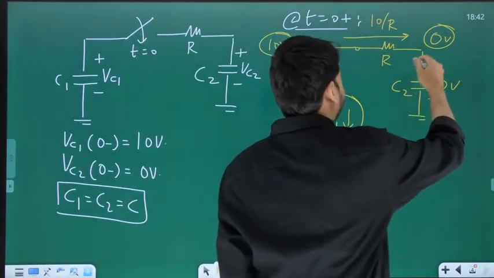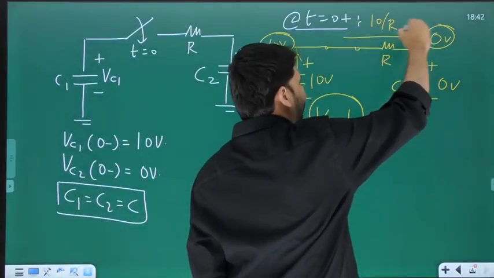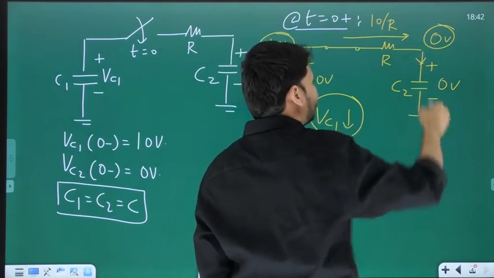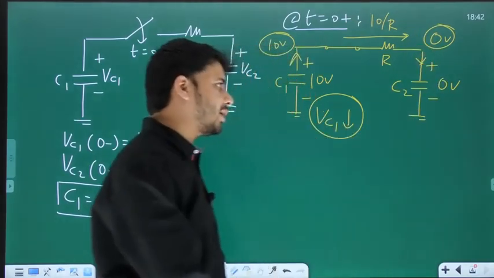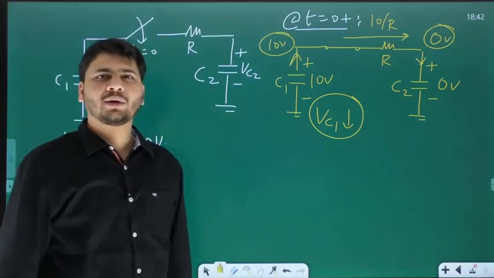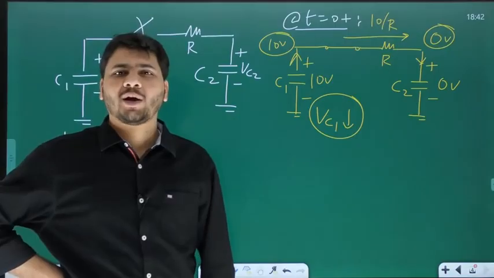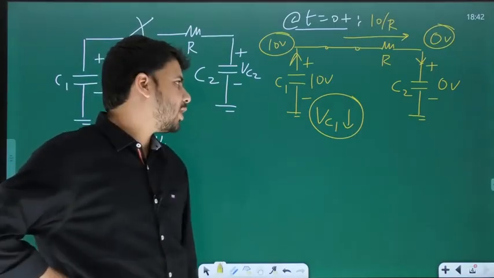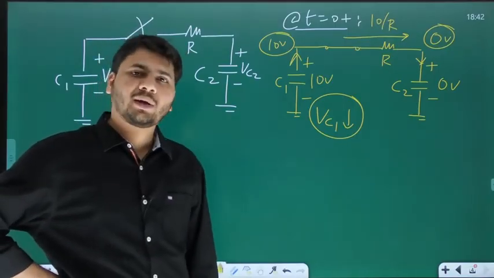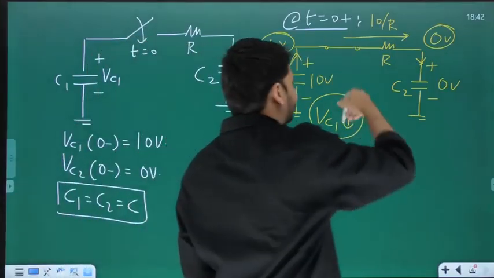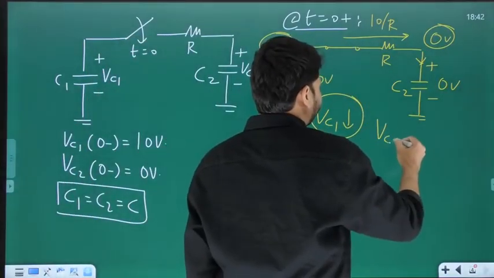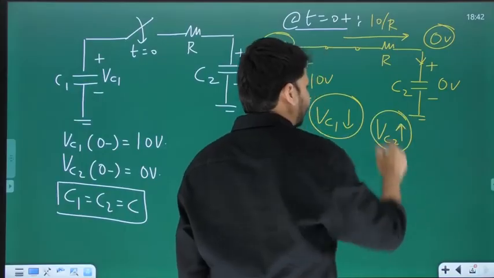What about the other capacitor C2? Look at the same current flowing through the resistor. Through C2, does it not flow from plus to minus? Again, for a capacitor, if the current is flowing from plus to minus, it means the cap is kind of getting charged, in which case the voltage drop will increase with time. So VC1 is decreasing, whereas VC2 is increasing with time.